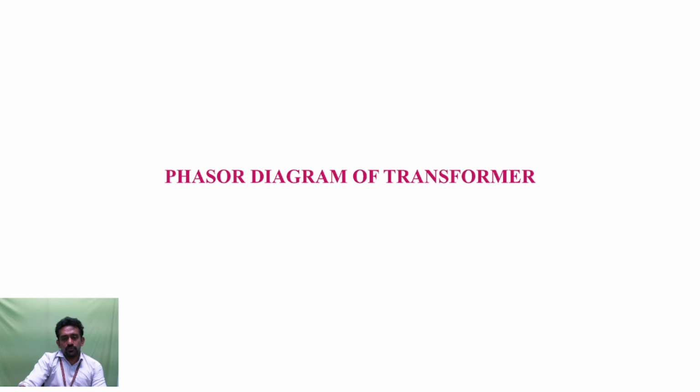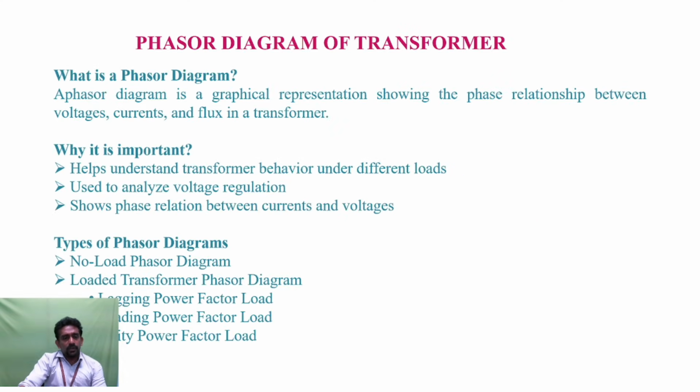The phasor diagram of a transformer is the graphical representation showing the phase relationship between the voltages, currents, and the flux induced in the transformer. It is important because it helps to understand the behavior of the transformer under different loads, and it is used to analyze the voltage regulation.